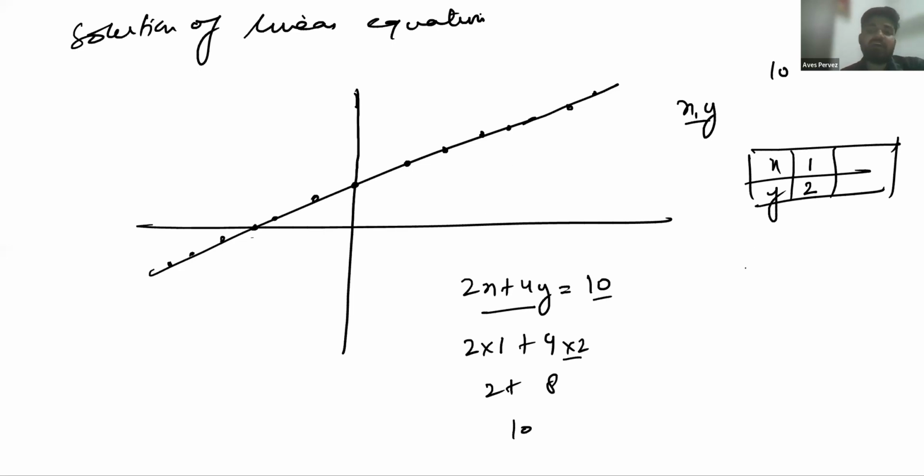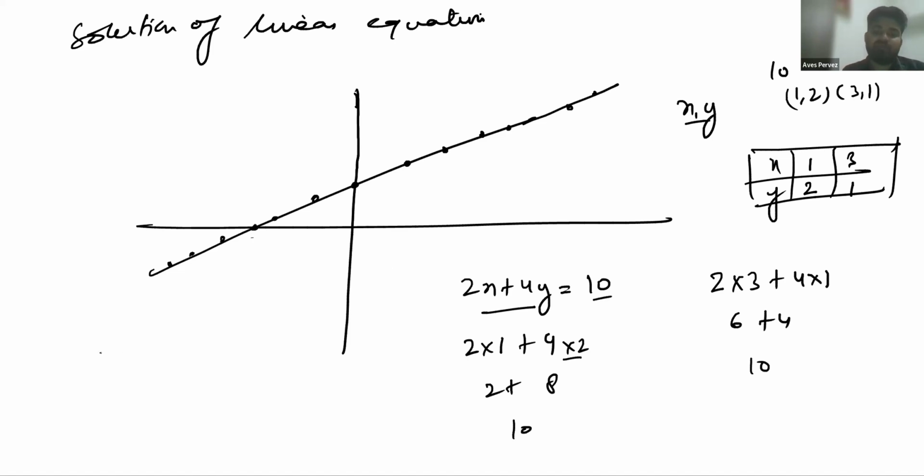If you are having other values, for example, let's suppose x as 3 and y as 1. So 2 into 3 plus 4 into 1, you will get 6 plus 4, that is 10. So both sides are equal, so you can get 3, 1. So it is 1, 2, the other is 3, 1.